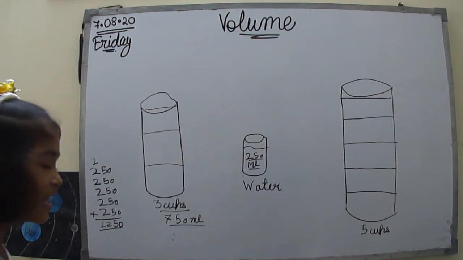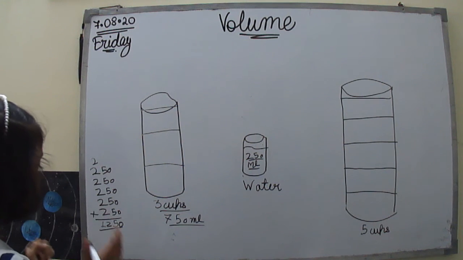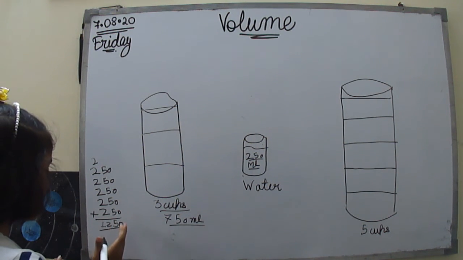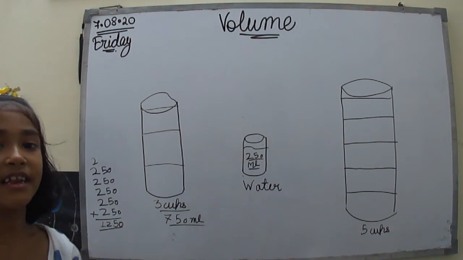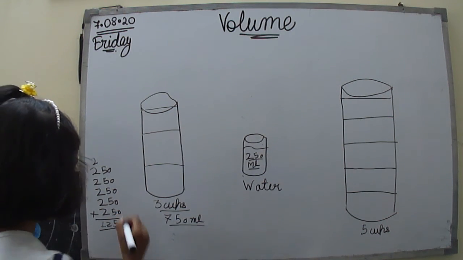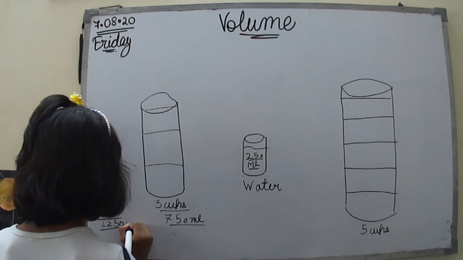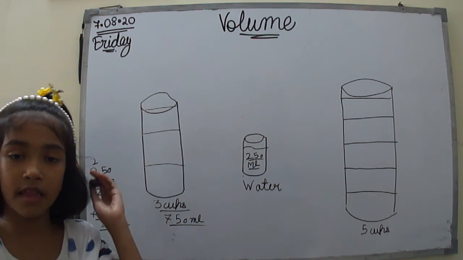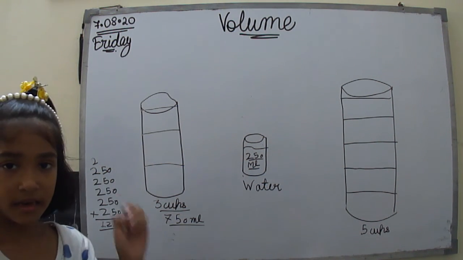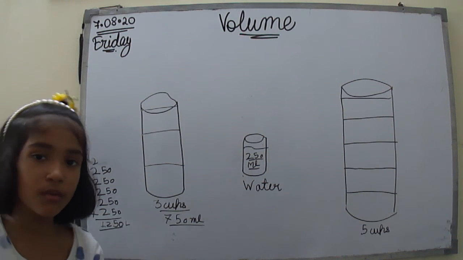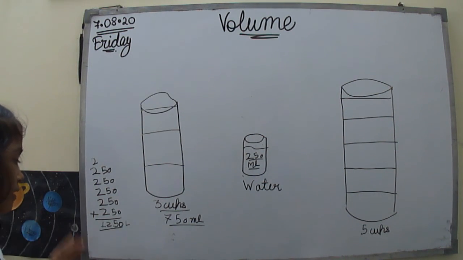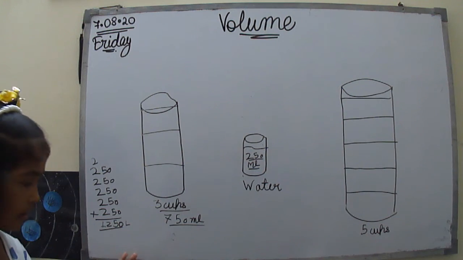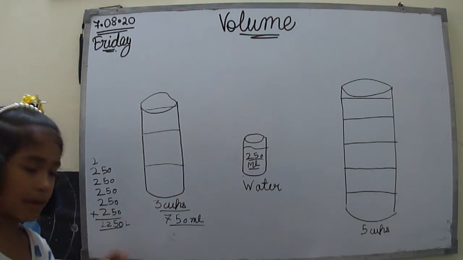So it is 1250. You can also find the liters in it, because we have learned that 1000 ml is equal to 1 liter. So it is 1 liter and 250 ml.